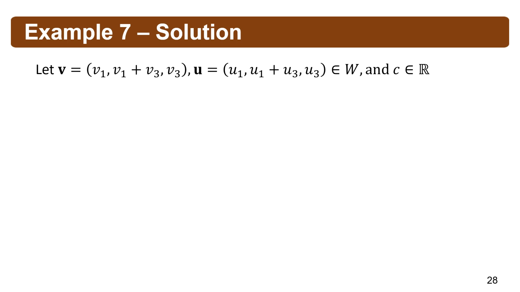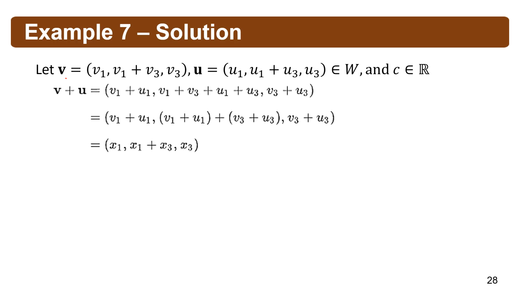If we do addition, v1 plus u1 is the first component, the second component is this one plus this one, and then the third component is v3 plus u3.